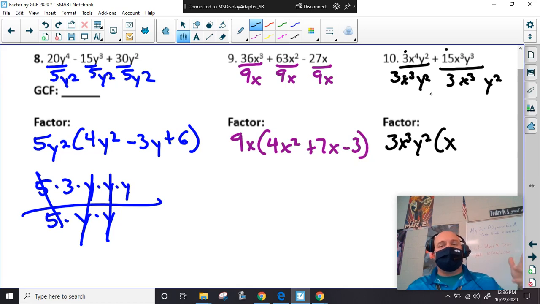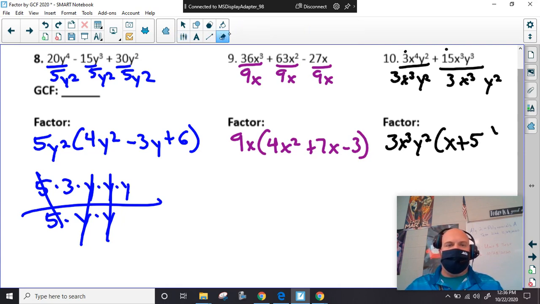All right, the y squares cancel. Yes, all right. So plus, all right, 15 divided by 3 is 5. X cubes cancel. Just y. Yeah, just y.